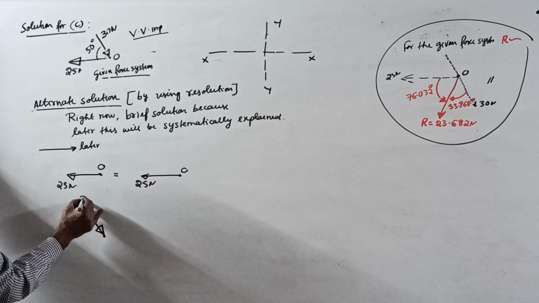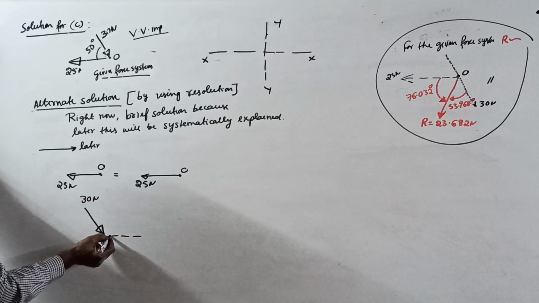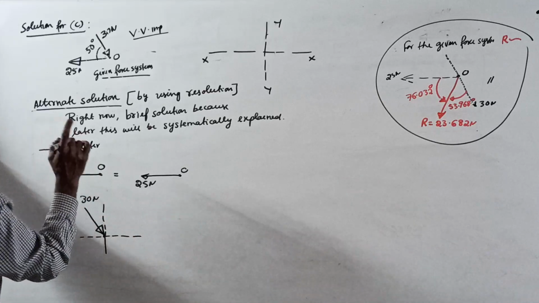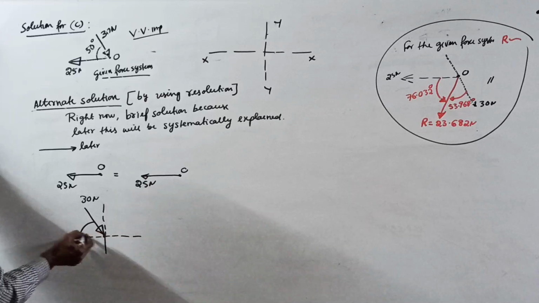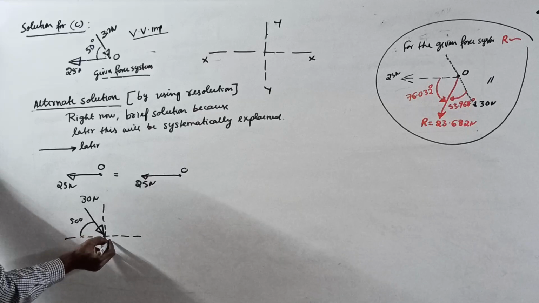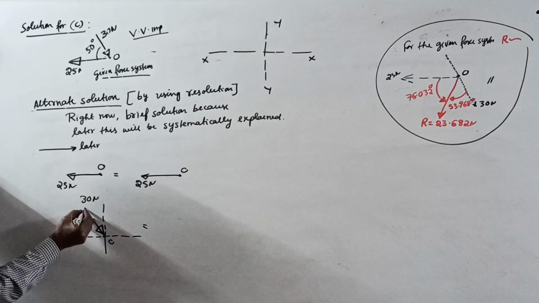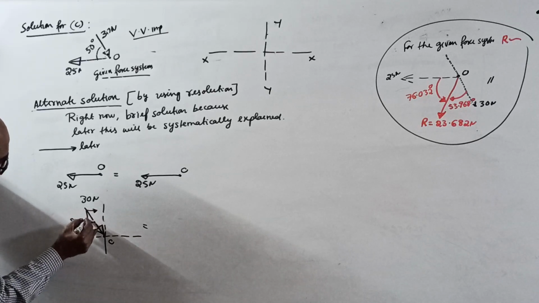How much is it? 30 Newton, to the point O. Draw a horizontal line here, X'X and Y'Y. I will tell you later, mark the angle with the nearest horizontal, X'X. It is 50 degrees. Now, this is a point O. See, if a force goes this way, it has one component like this, one component like this.